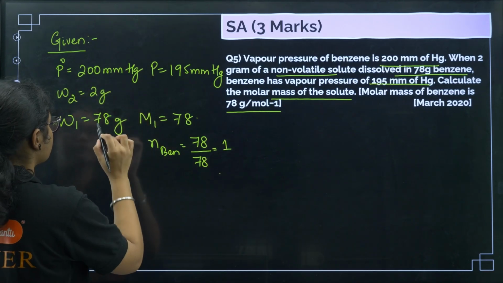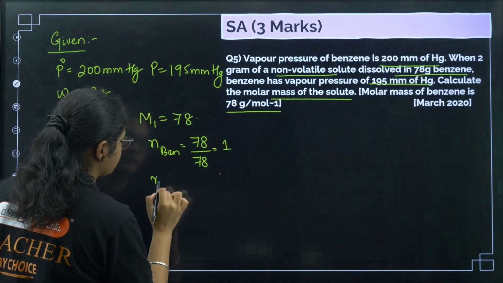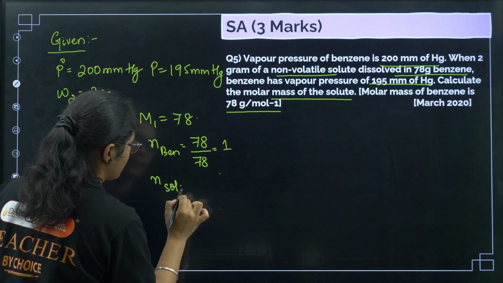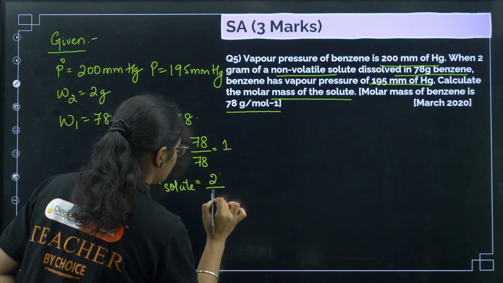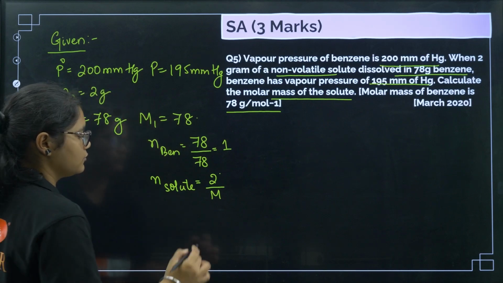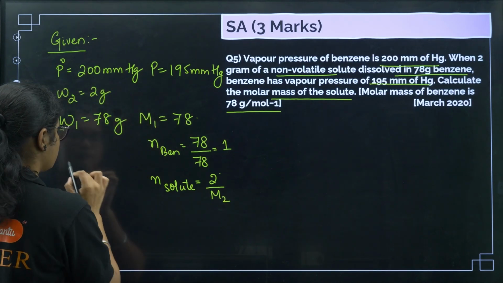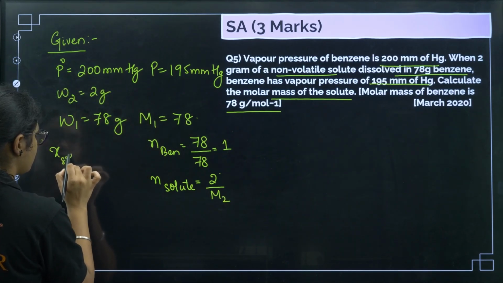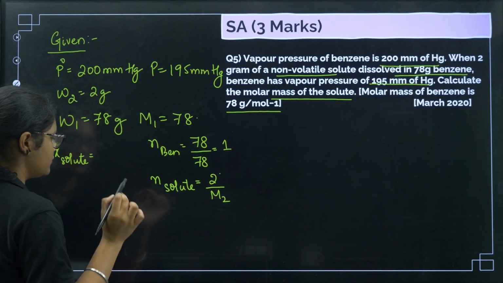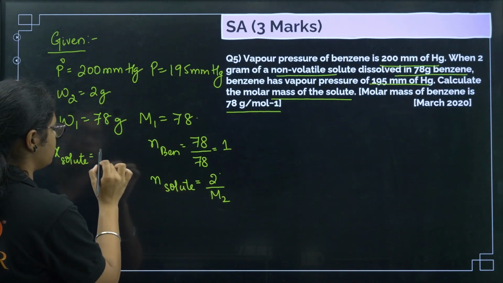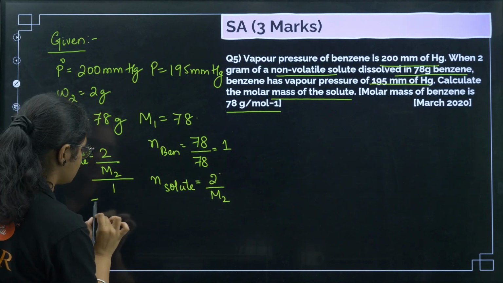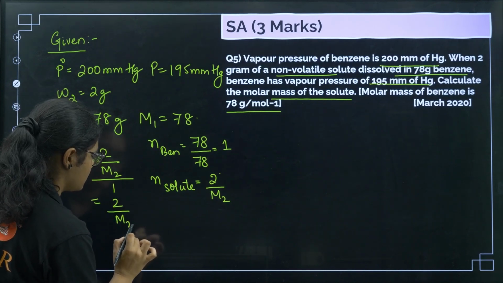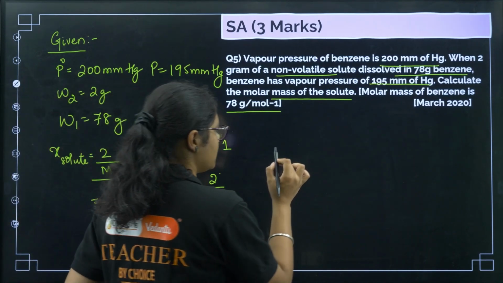Now what will be the next? We need to calculate the number of moles of the solute, which is given mass by molar mass, which we need to find out: 2 by M2. Then the mole fraction of solute will be 2 by M2 divided by 1, which is equal to 2 by M2.